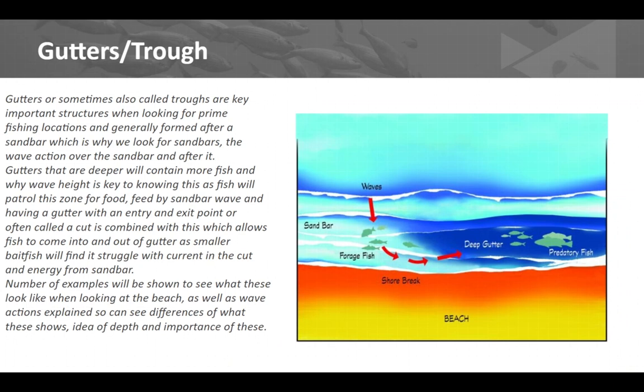They can interact with the other side, which being gutter or trough, the height of the wave, so you can identify how deep or shallow it is, how much it drops off on the other side, whether or not it's a deep or a slow drop off. So whether your gutter is going to be too much of an effect, and identifying where they end and when they start again, as to whether you've got entry and exit.